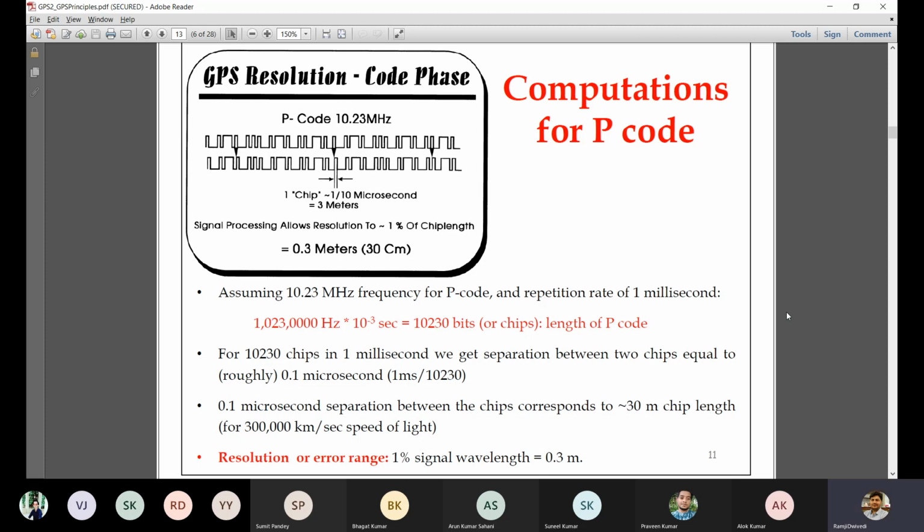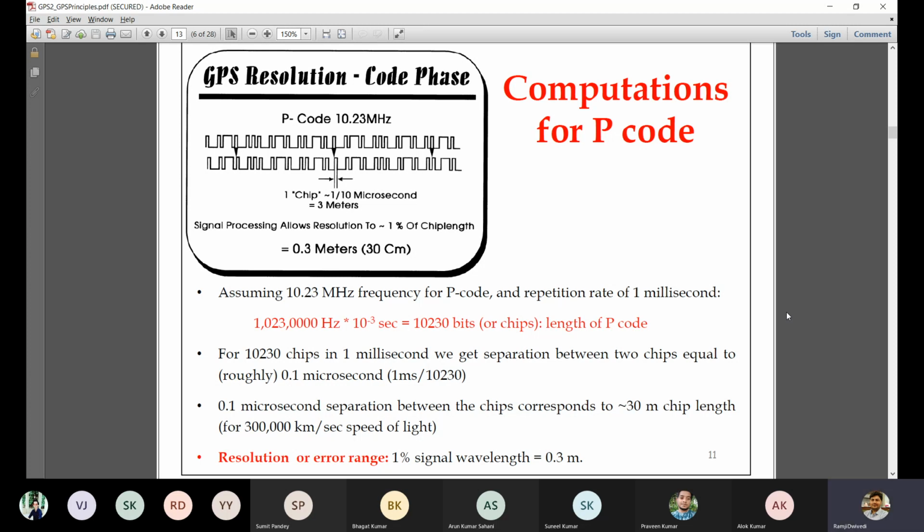So just for understanding the resolution concept, the repetition rate of 1 millisecond has been assumed. Otherwise, the repetition is after 267 days only. The whole sequence of the P code will repeat after 266 days.